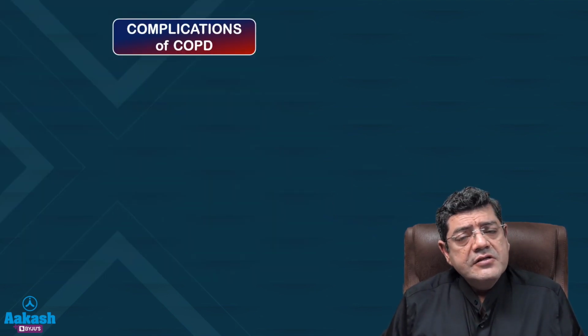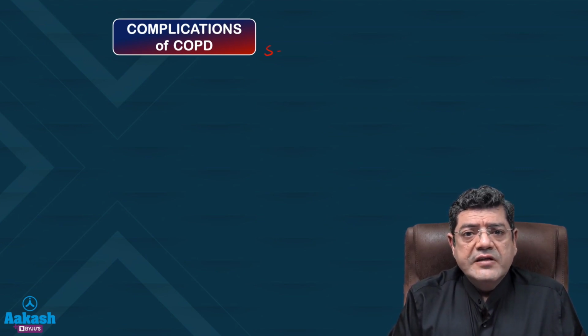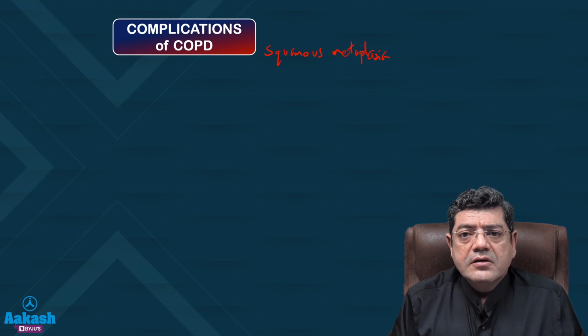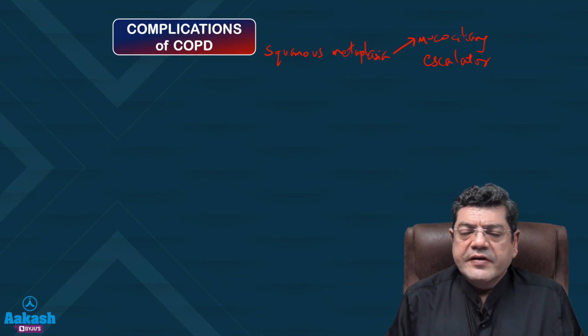What are the complications of COPD, right? These patients, when we discussed pathology, we said that they have a squamous metaplasia in the upper or large airways, and there are 2 important consequences of that. One is that their mucociliary escalator function, the clearance of secretions, normal secretions that you and I cough up daily, is reduced significantly in these patients.